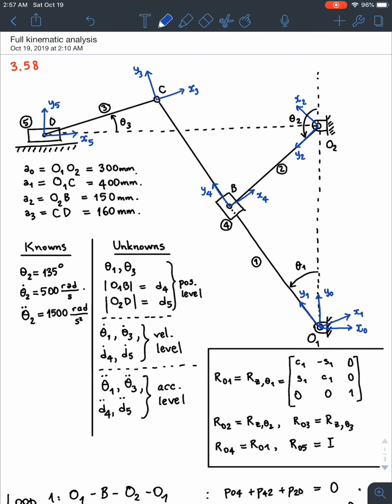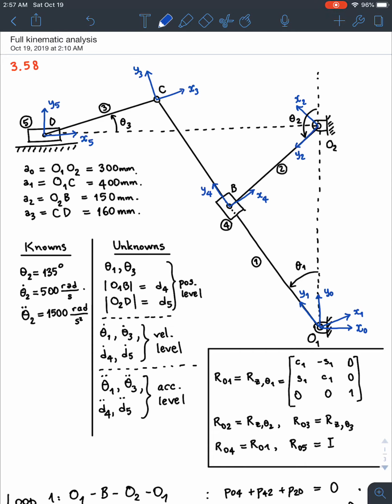But a good thing about that vector is it is always in the y1 direction, or equivalently, it is always in the y4 direction. Since at least its direction is fixed, it makes sense for me to move that derivative from the zeroth frame to a derivative in the first or the fourth frame. And I know how to do that. I do that by using the differentiation in two frames formula.